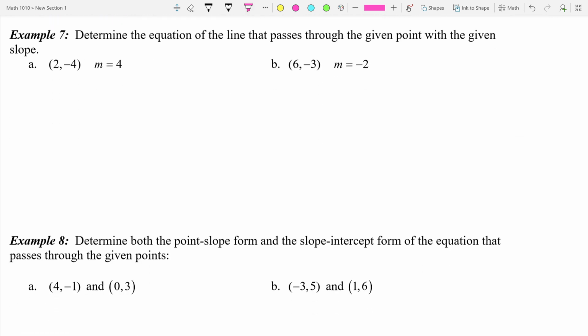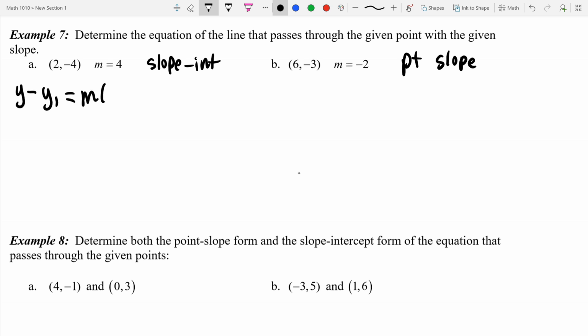So you have to know the difference. Question 7, determine the equation that passes through the given point with the given slope. Everybody write down y minus y sub 1 equals m times x minus x sub 1. That's the formula you're going to use.